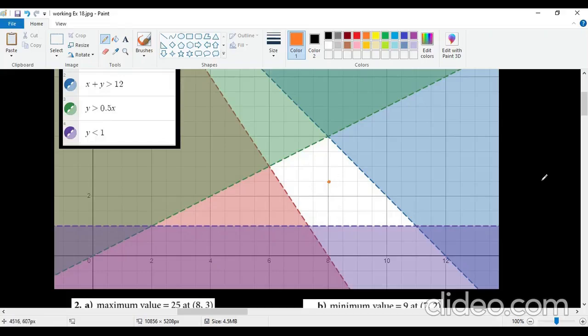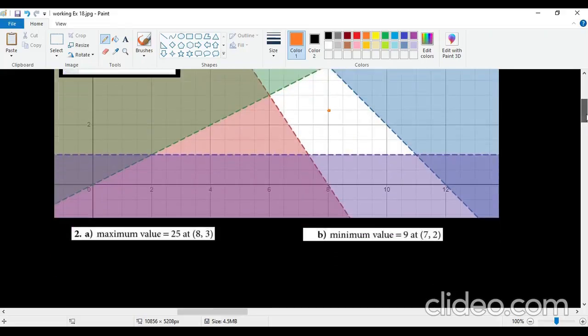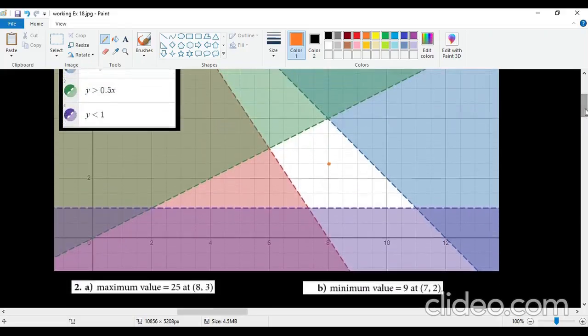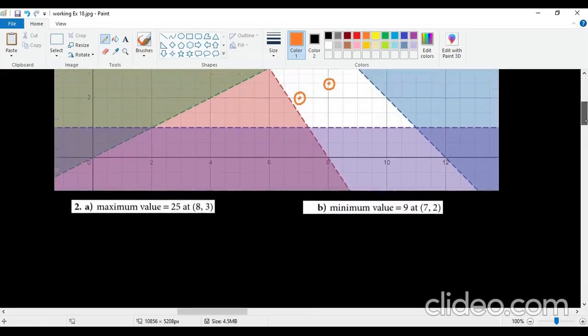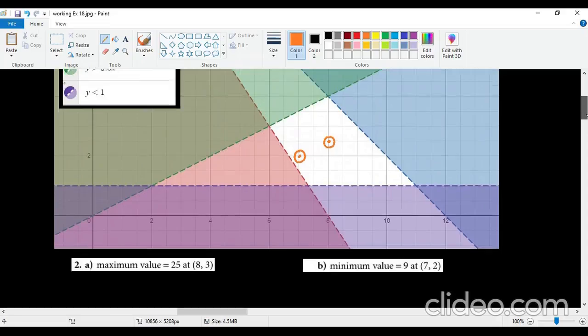And when it comes to the lowest or the minimum, it is 7, 2. 7, 2 is over here. This is the minimum point and this is the maximum point. And we know very well that 8, 3 is the maximum and 7, 2 is the minimum value.